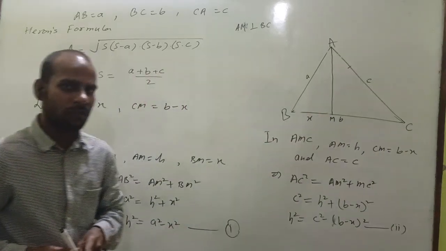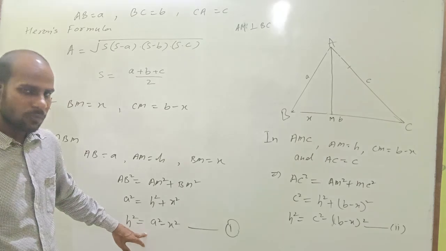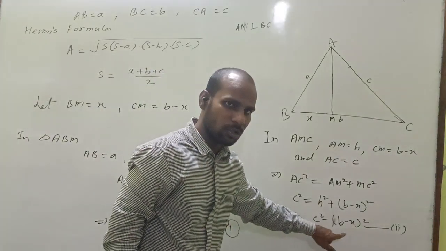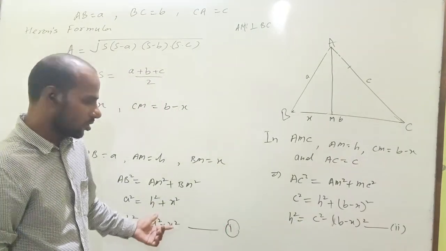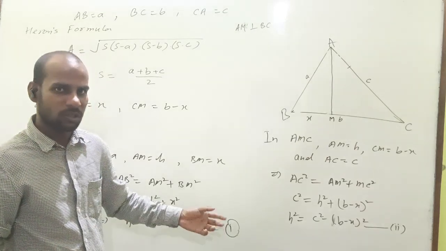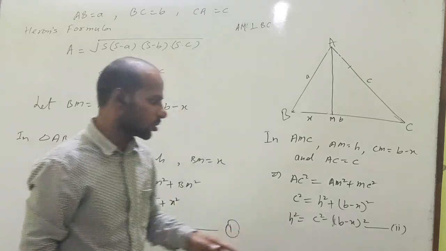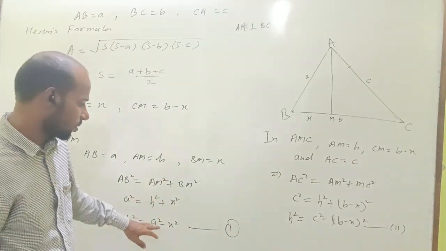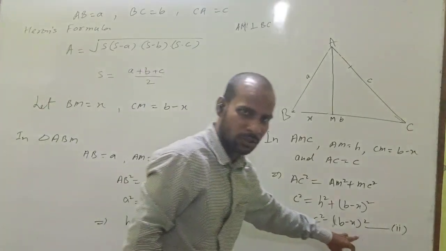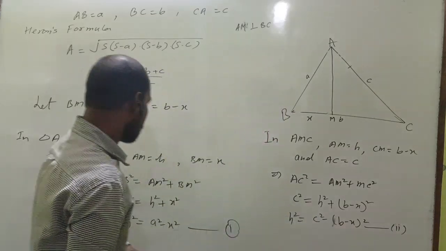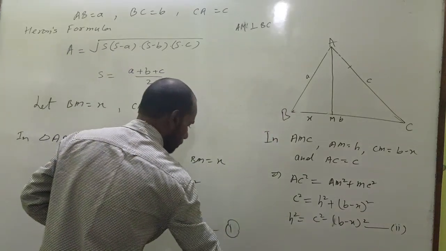We have calculated the value of H square in equation number 1 and the value of H square in equation number 2. Of course this is the value of H square in both equations, so equation 1 would become the same as equation number 2. So from equations 1 and 2 we can say that this right hand side is equal to this right hand side.